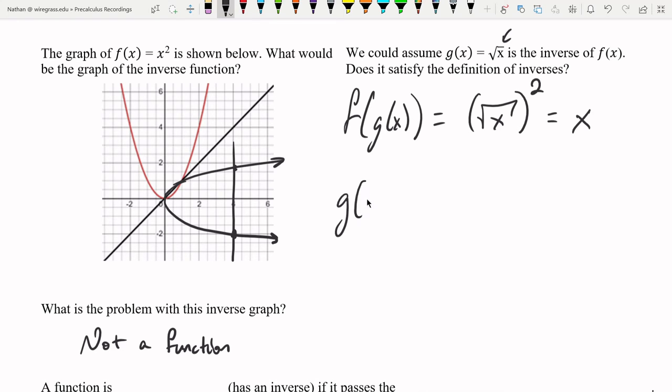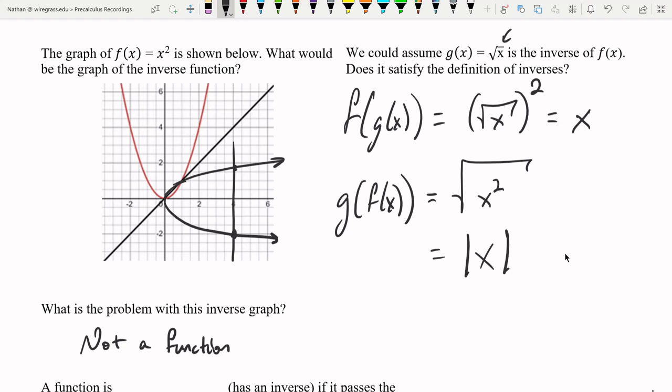And then g of f of x is the square root of x squared. And this is where the issue comes in, because when we do this, we do not get x as a result, but instead the absolute value of x.